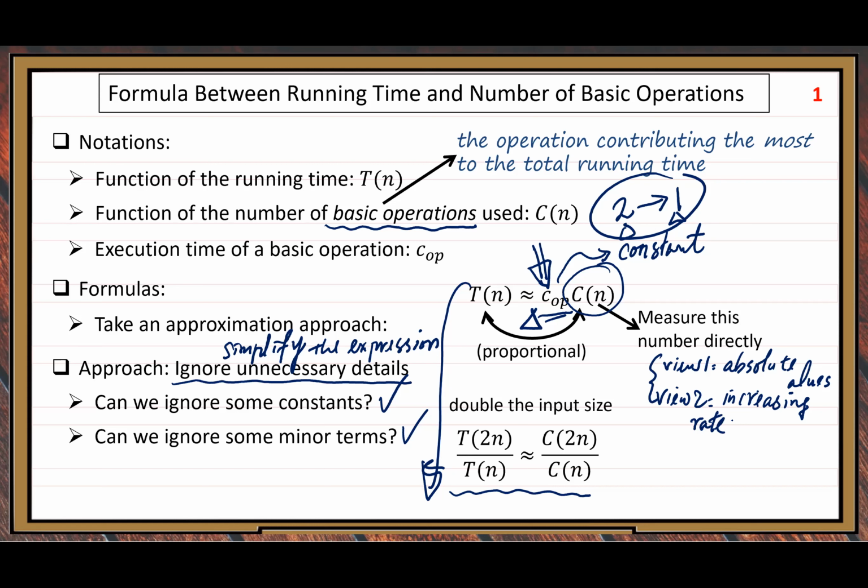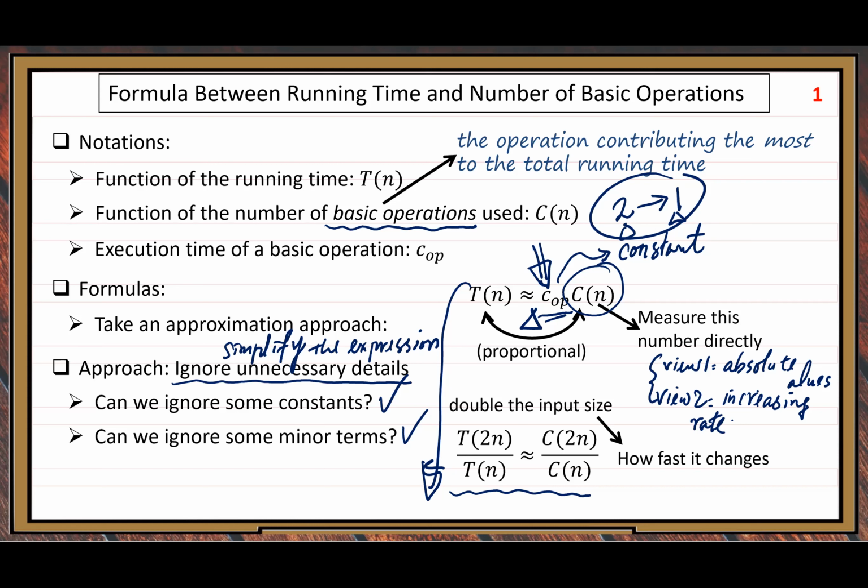When we start, the function value is relatively small. Then the higher the increasing rate, the faster that function usually increases. So this view, this angle, is reasonable in our description of the running time function.